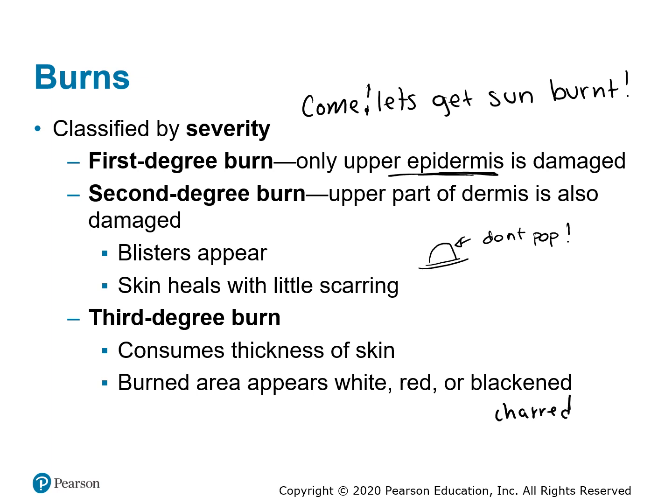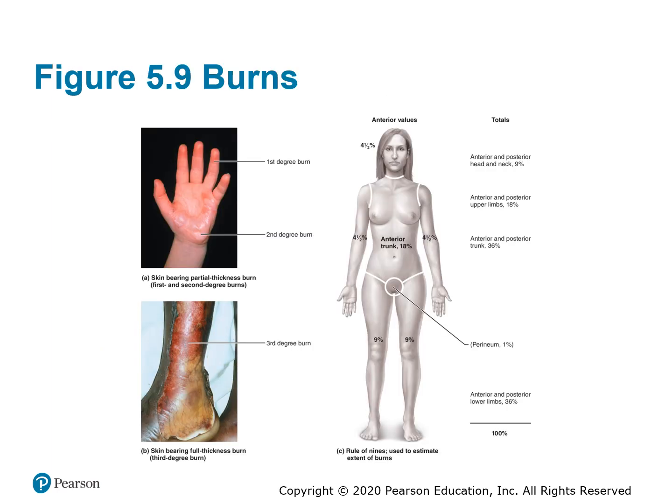And the way that we determine burns, as well as how much of the skin has been burned, is that we break the body into percentages. Okay? So looking at the front half of your body, if the majority of this anterior trunk was burned, we would say about 18% of the body was burned.